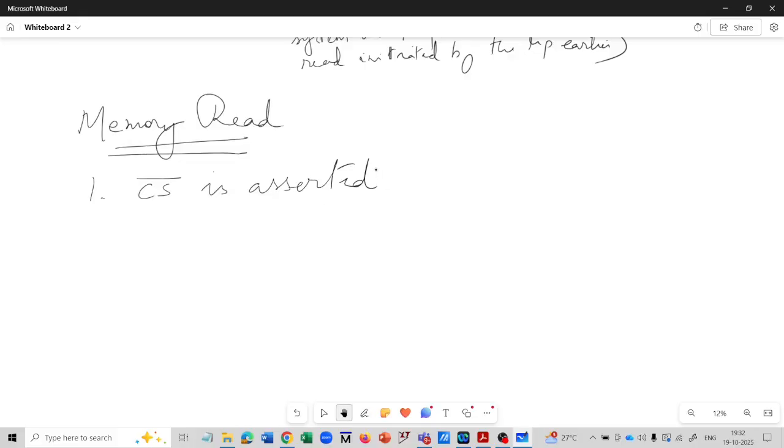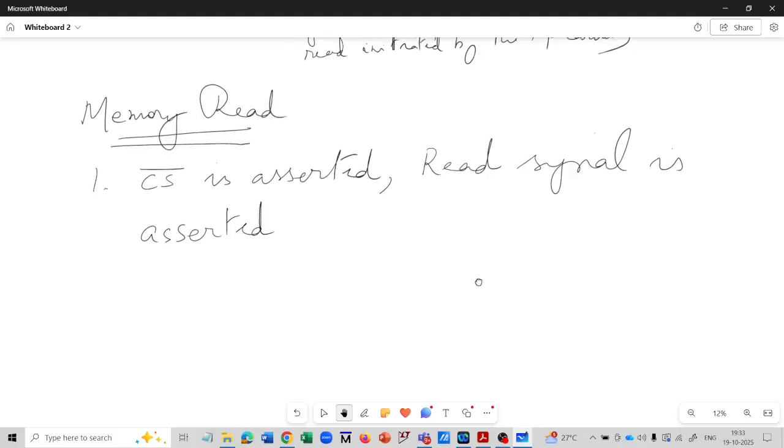It basically indicates that there is some transaction that is initiated by the processor on this particular interface. So along with the chip select, probably after an interval of a clock, the read signal is asserted. In fact, both these signal assertions are part of all the three reads that we have discussed earlier.